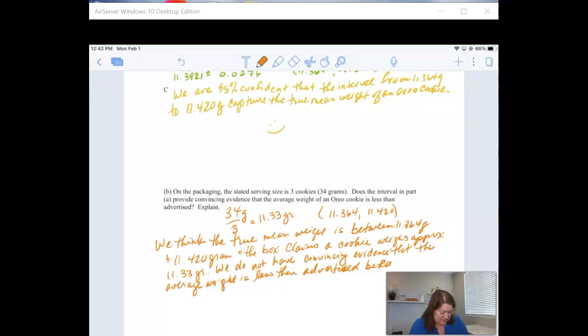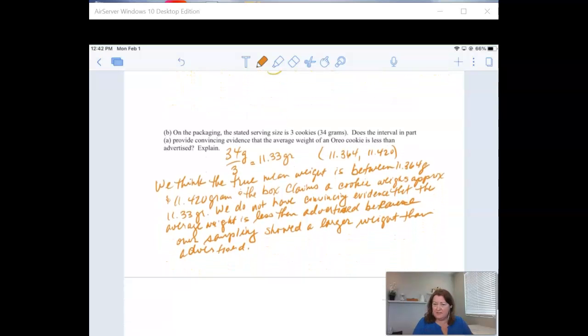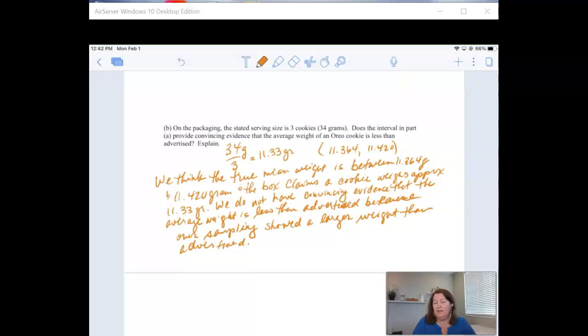Because our sampling showed a larger weight than advertised. So we don't have evidence to say they're doing less. We have evidence to say they might actually be doing more than advertised.